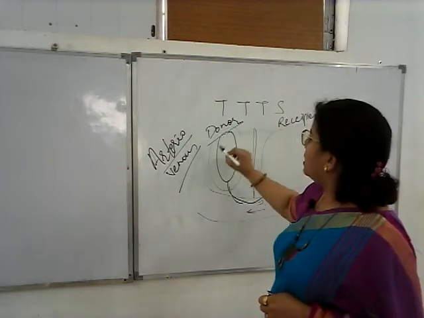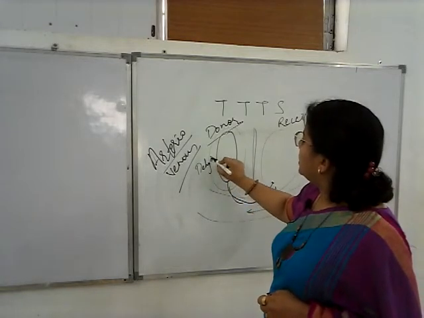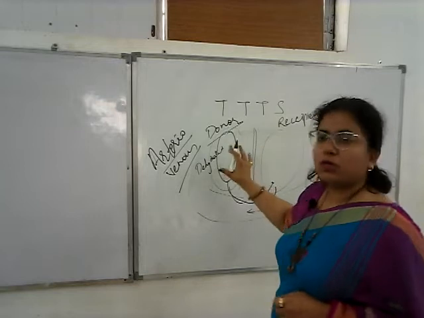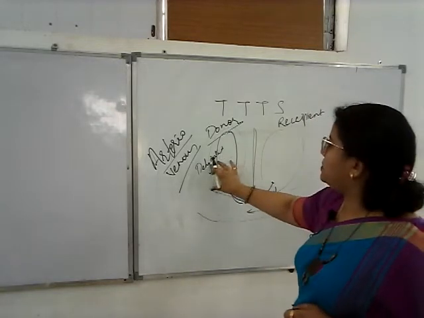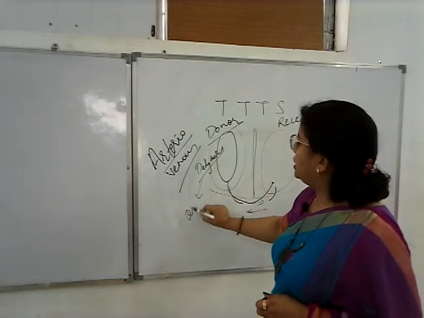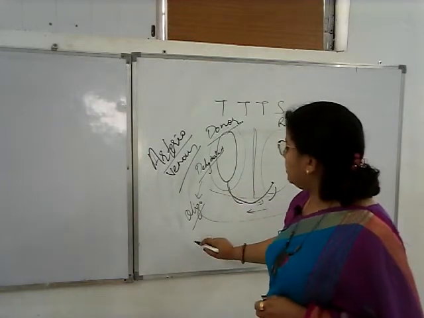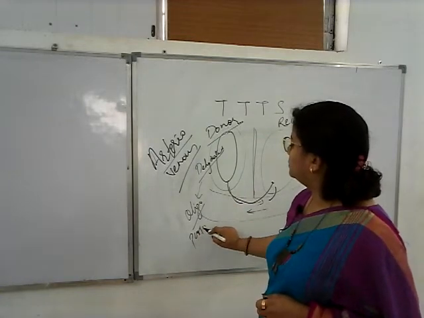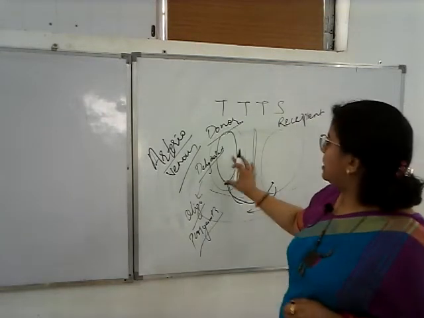So this donor becomes dehydrated because all the volume is depleted towards the recipient. Because of this dehydration, oligohydramnios will happen, and poor growth. So this will be a smaller twin.